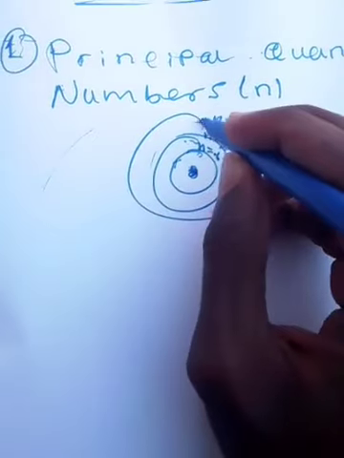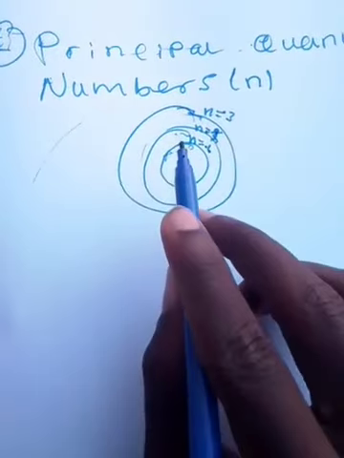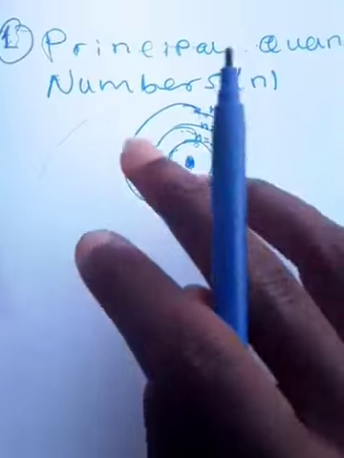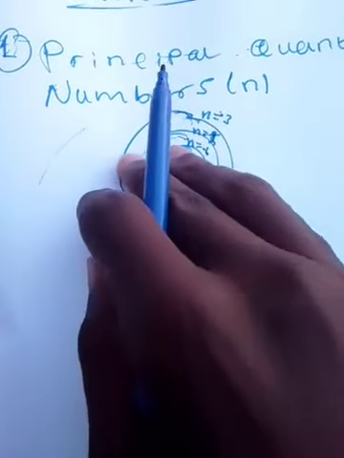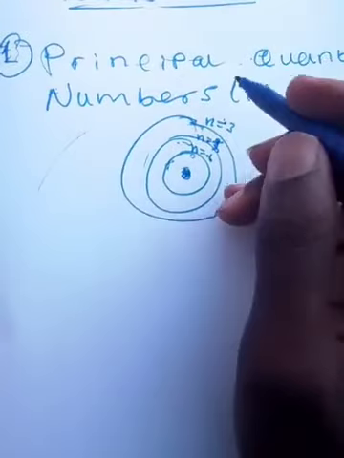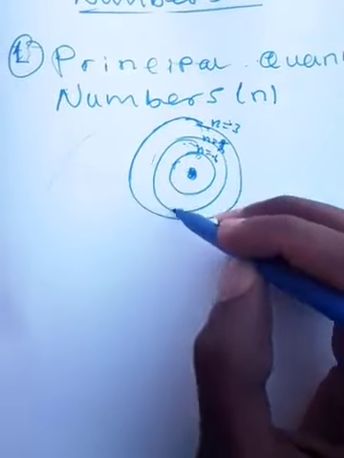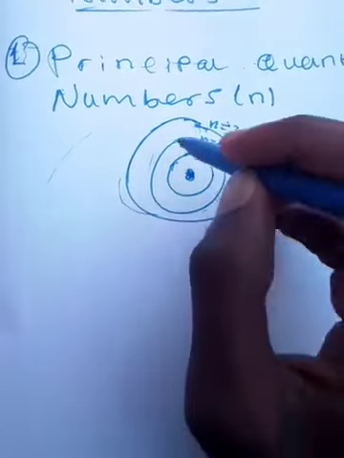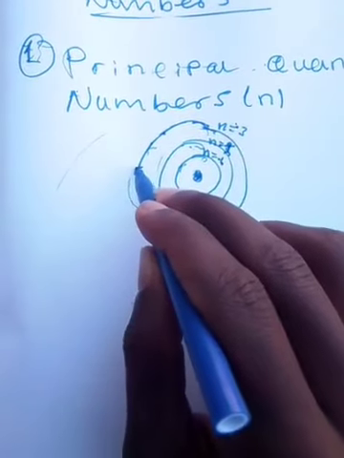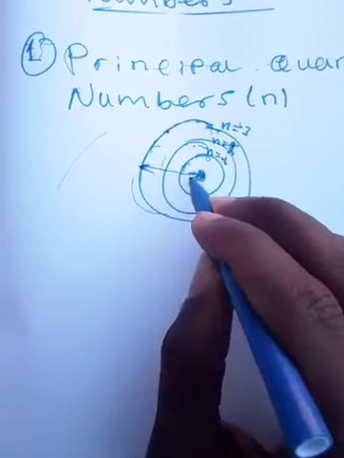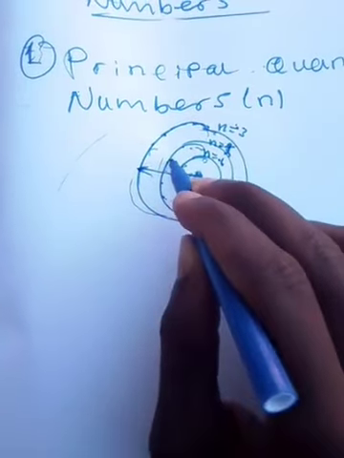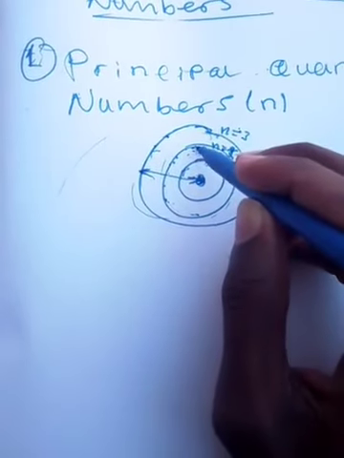If I tell you that the electron has the principal quantum number of 3, or that the electron is found in the third shell, you are going to know that it is here, right? And you are going to approximate the distance from here to here, right? And if I tell you that it is in the second shell, maybe it is here. You can also approximate the distance from the nucleus, right?